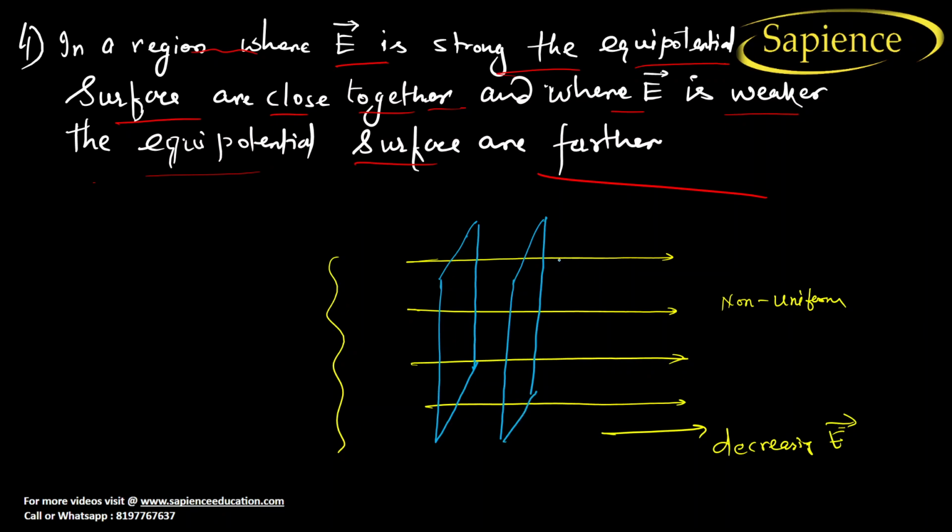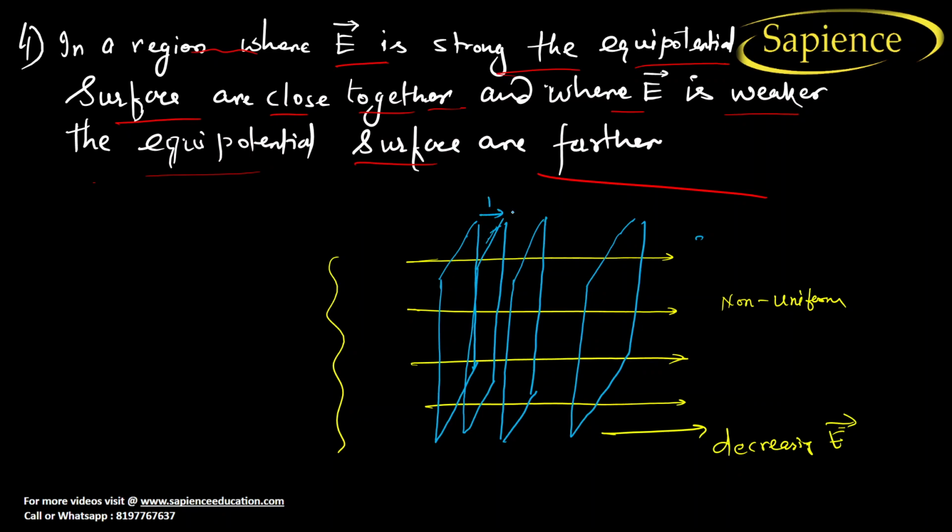Again, see here, when the strength of the electric field is getting decreased, the gap becomes more. Another equipotential surface I can make here.